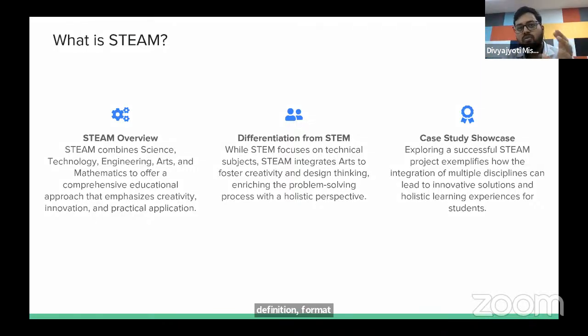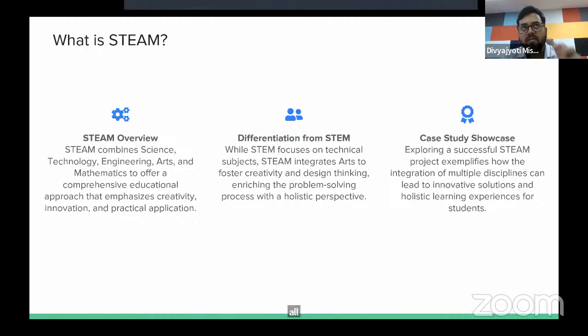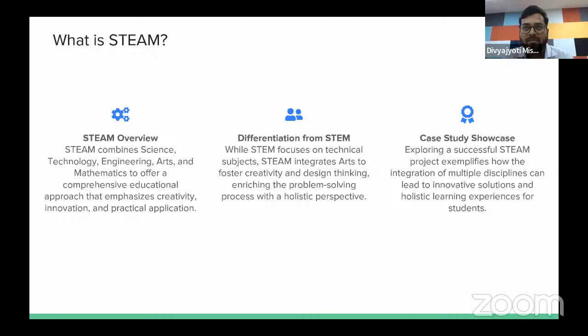But if you do a small experiment in front of them and relate those concepts with real world applications, where they can see those concepts happening in their surroundings, then those concepts and definitions become clearer, right?